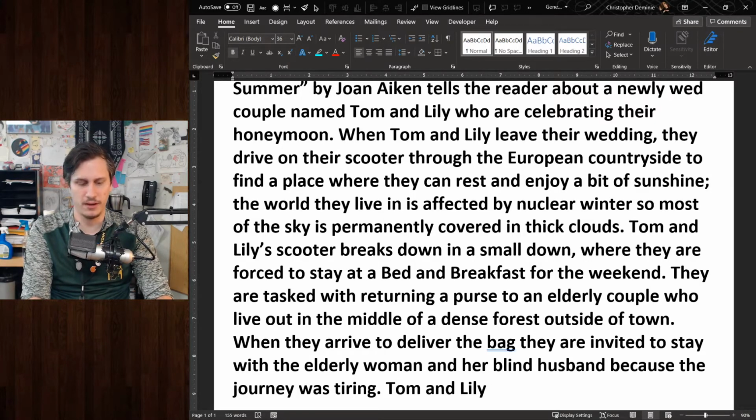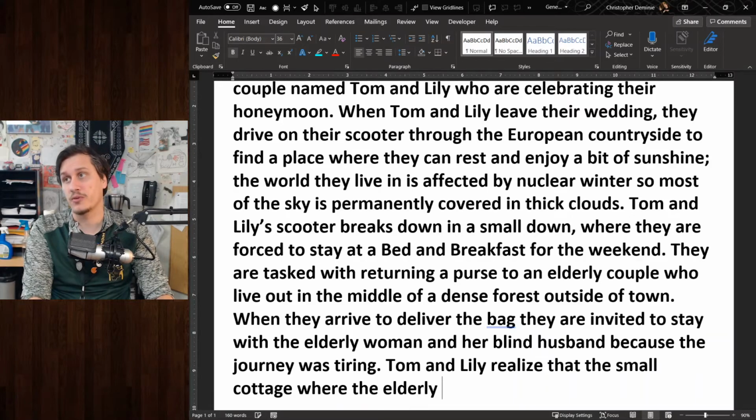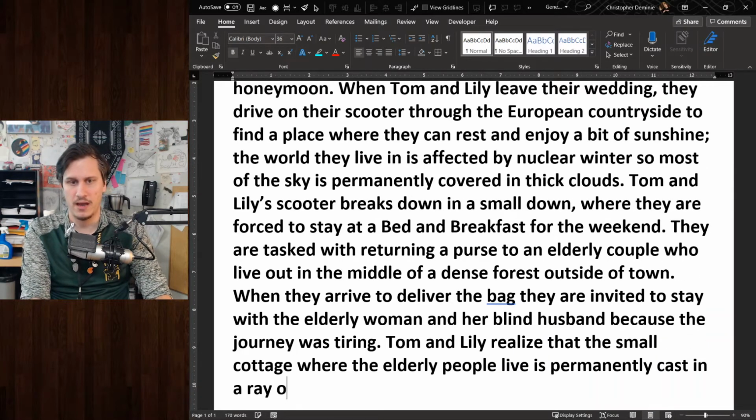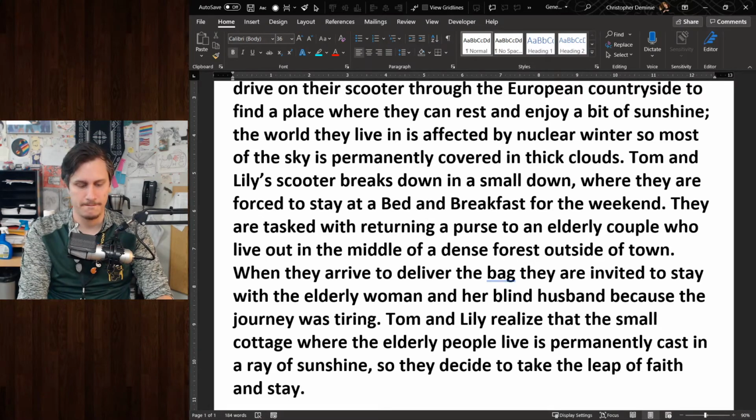Tom and Lily realize that the small cottage where the elderly people live is permanently cast in a ray of sunshine, so they decide to take the leap of faith and stay.